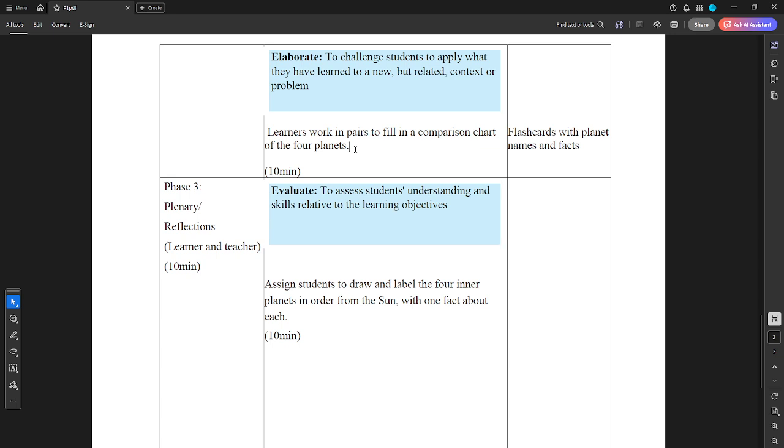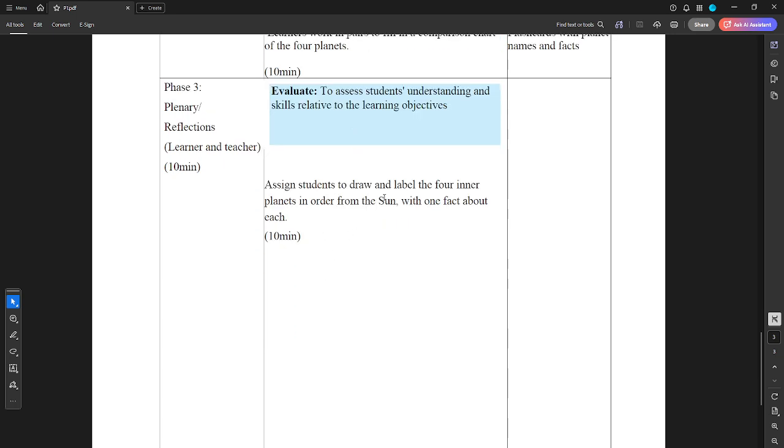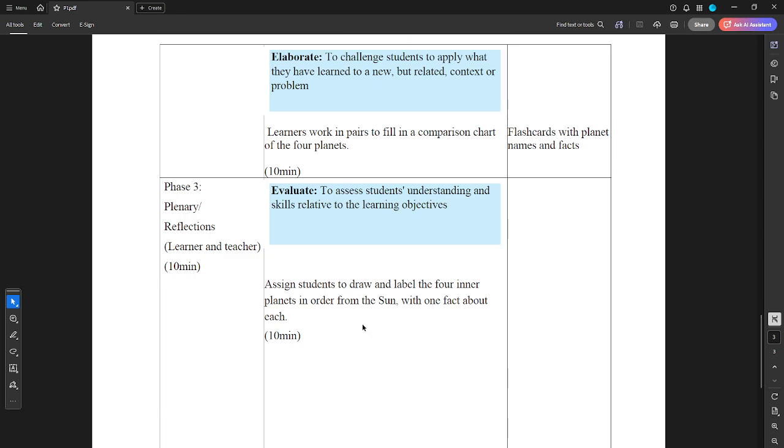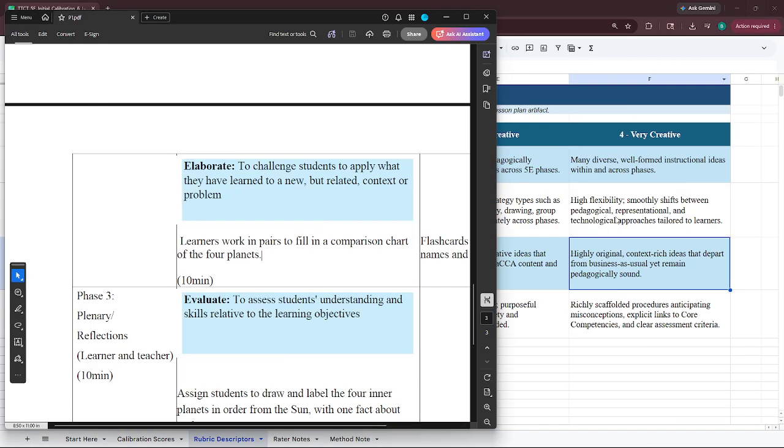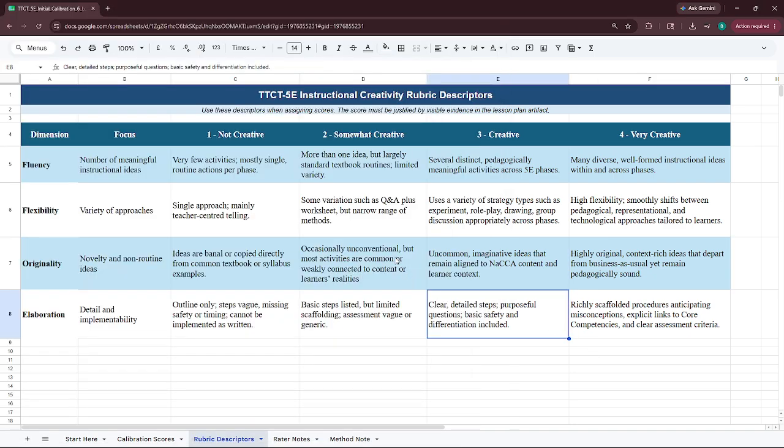So you cannot actually judge, but it depends on you. If you think this idea is really smart, you can consider it, right? And then assign students to draw and label. Drawing and labeling is a normal practice for testing students' understanding in our local context. So let's see which of these areas the originality actually fits.